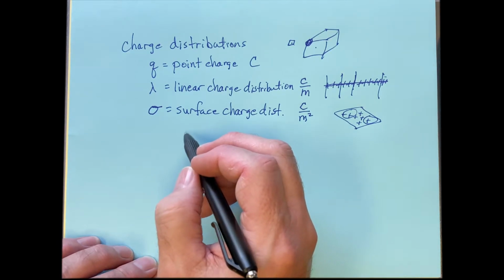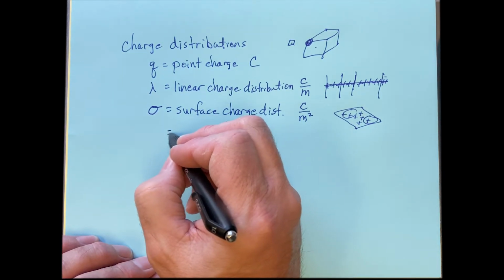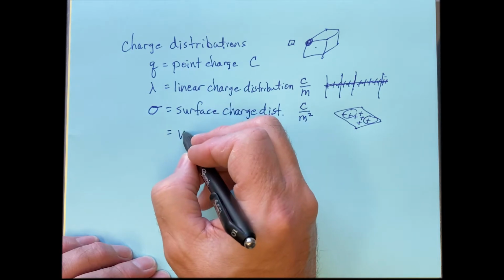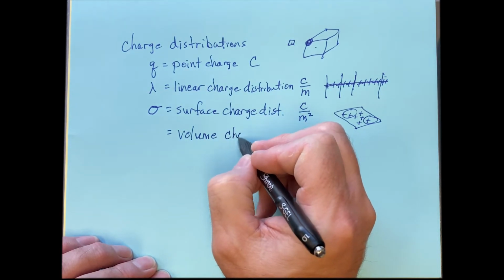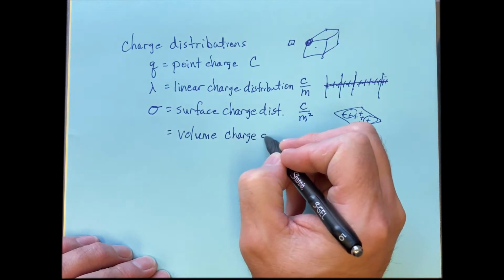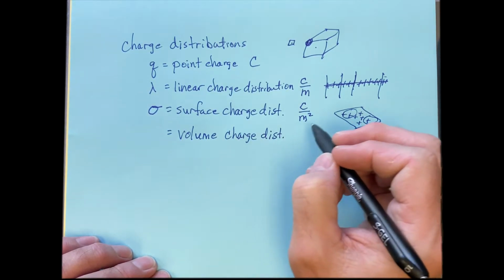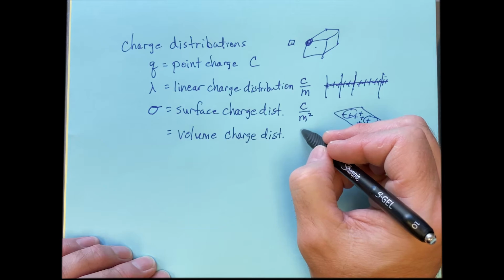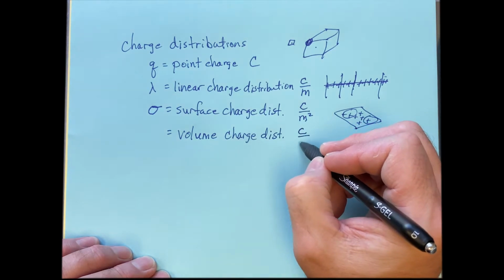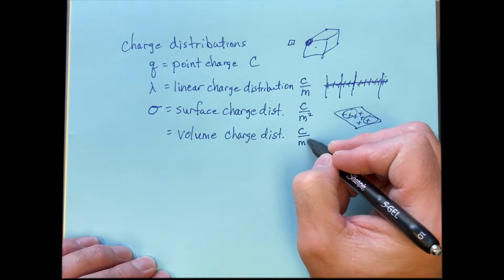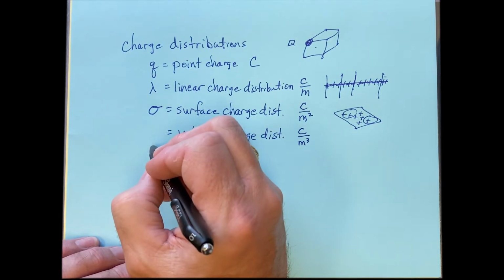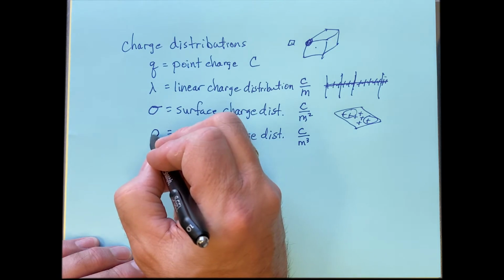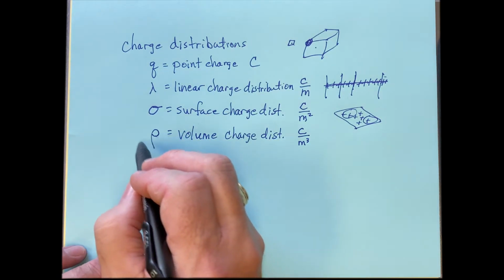Then we come to the next progression, which is volume. So a volume charge density or charge distribution. What do you think the unit for that one looks like? It's coulombs per volume, which is cubic meters. And the symbol for that is the small Greek letter rho.